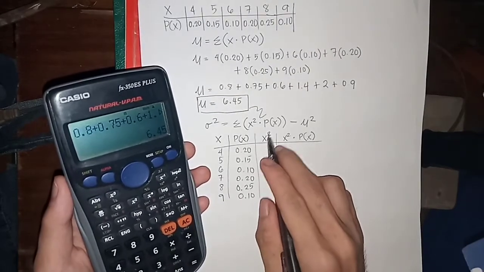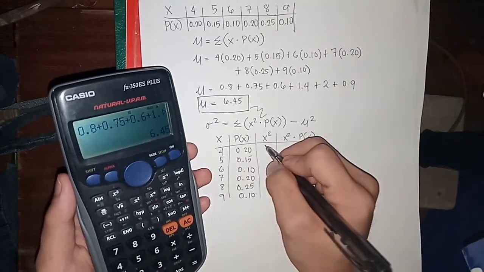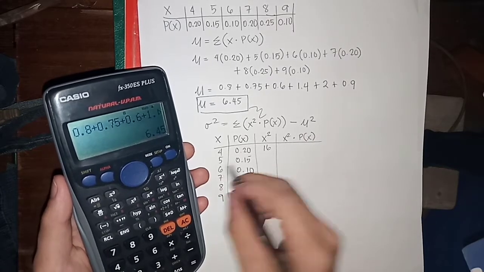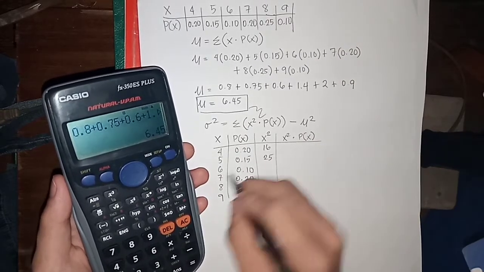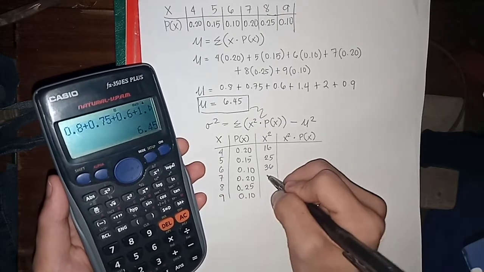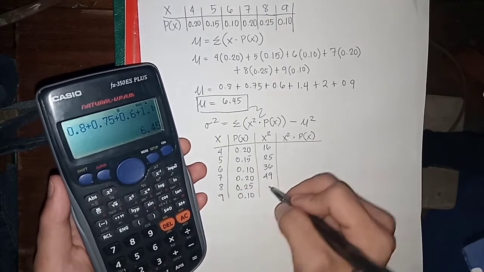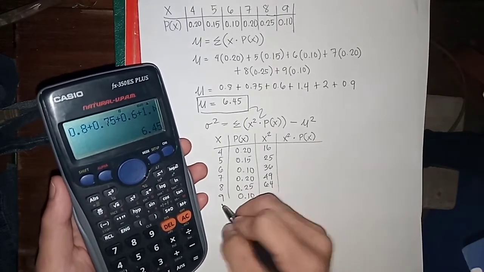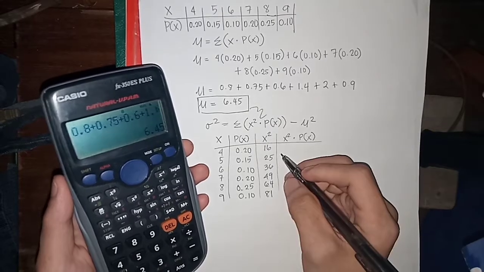Kunin ang square ng bawat x. 4 squared, 16, 5 squared, 25, 6 squared, 36, 7 squared, 49, 8 squared, 64, 9 squared is 81.